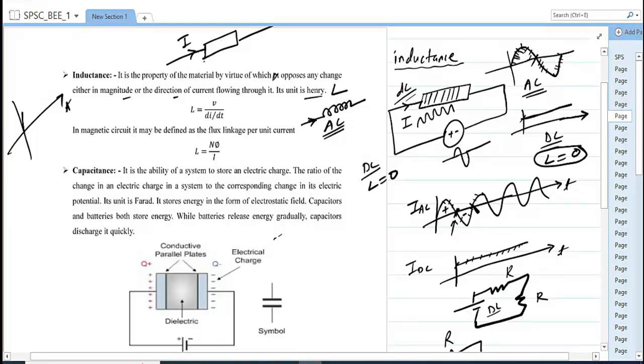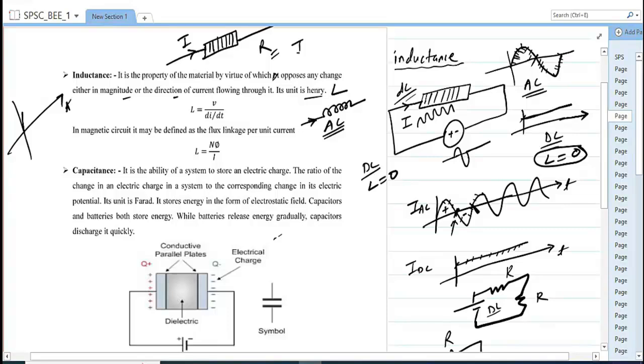This material opposes the flow of current, simple, and that property is known as resistance. Resistance is the property by virtue of which it opposes the flow of current.